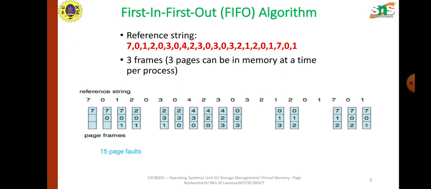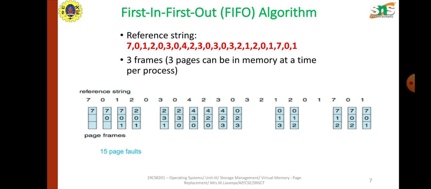The string which arrives first will be selected as victim, freed, and allocated for the newly arriving string. In 7, 0, 1, 7 is the first arrival string. So 7 will be selected as a victim and freed, and the new arrival string 2 is allocated in the place of 7. Now the value of 2 is placed in frame 1.